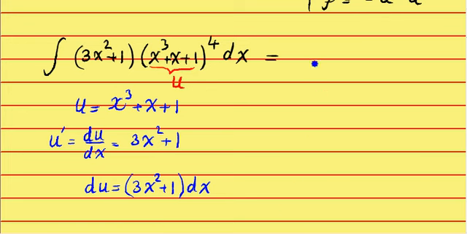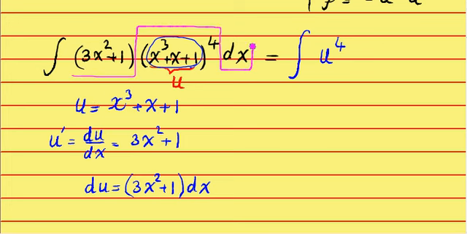Let's see what it looks like on the right hand side. So this is called u. So that is going to be u to the power of 4. What else is left? What is left is this portion, 3x squared plus 1 dx.